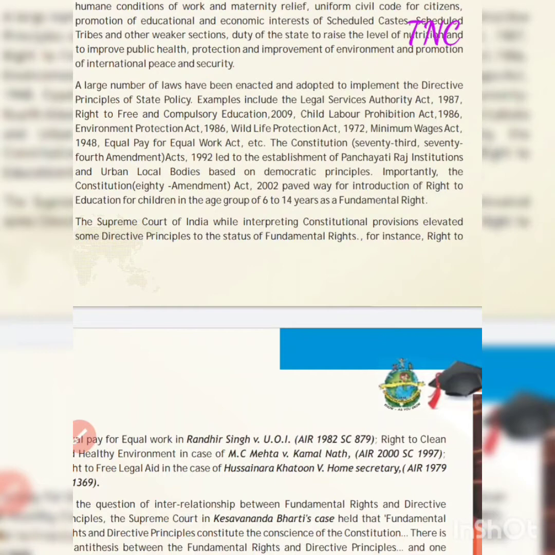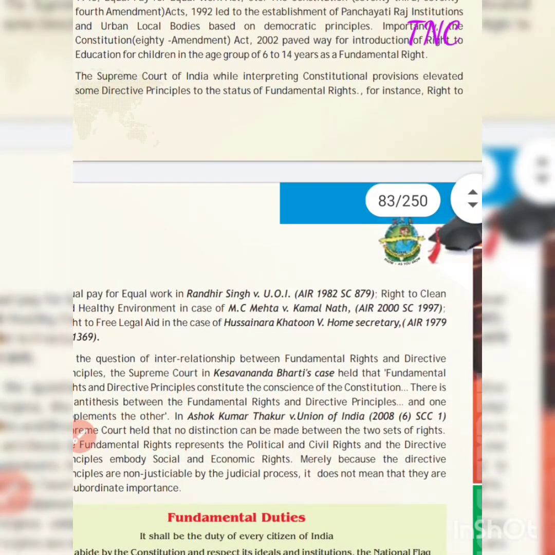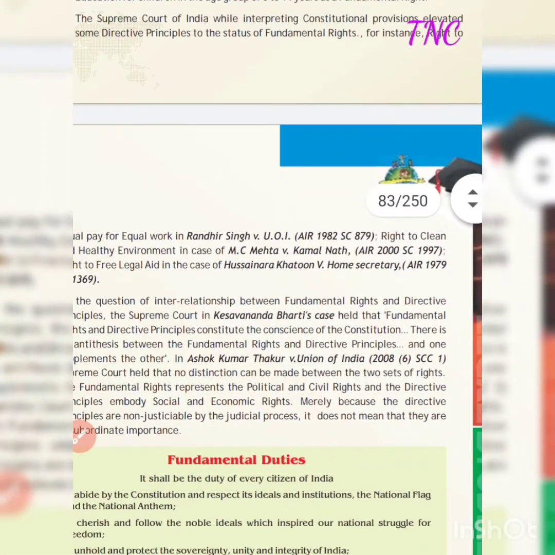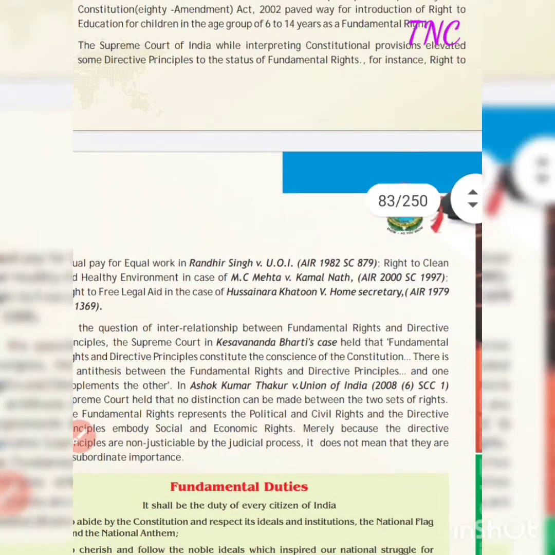Importantly, Constitution 86th Amendment Act 2002 paved way for introduction of right to education for children in age group of 6 to 14 years as a fundamental right, as what I am telling you from so many times. So the amendment of 2002, that elementary education, the 6 to 14 years elementary education.